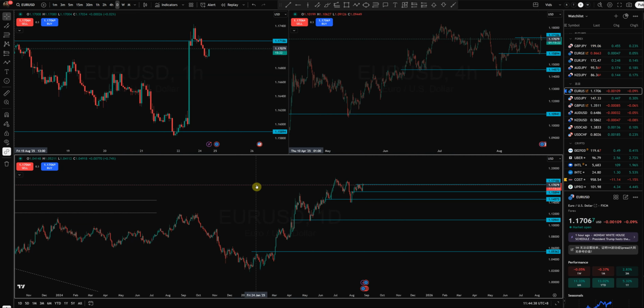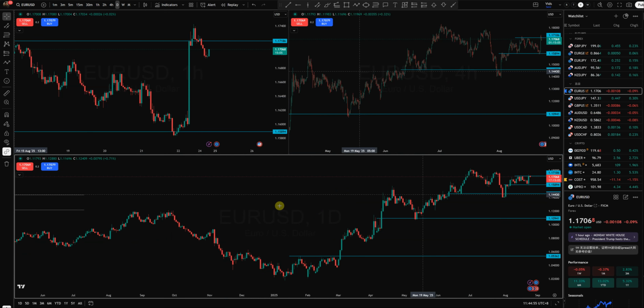We'll use top down analysis. So let's look at the daily first, and then see if there's any opportunity we can spot on the lower time frame.